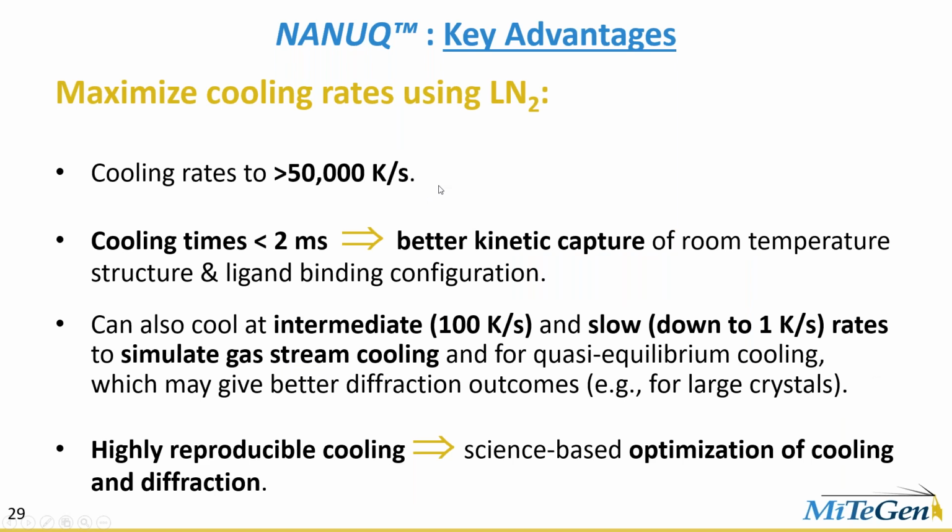So we get huge cooling rates. That means that the cooling times below the protein solvent glass transition temperature, where the protein stops evolving its structure, can be less than 2 milliseconds, which means you can kinetically capture the room temperature structure and ligand binding conformation more accurately.